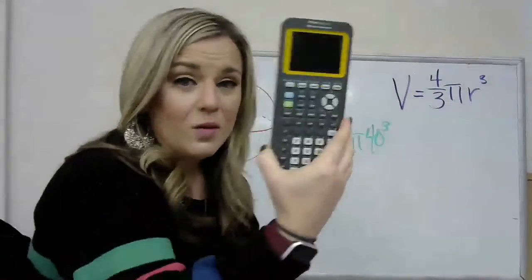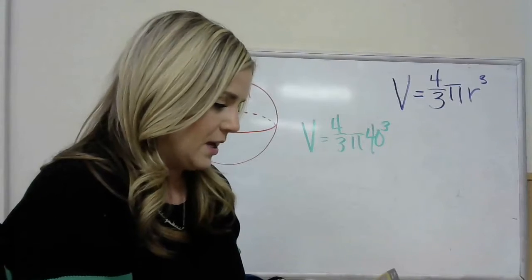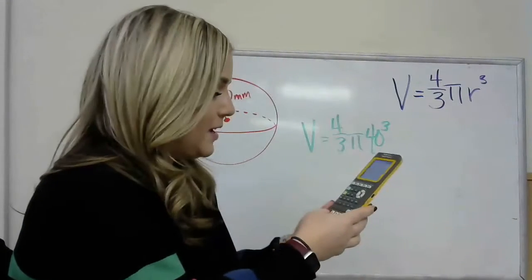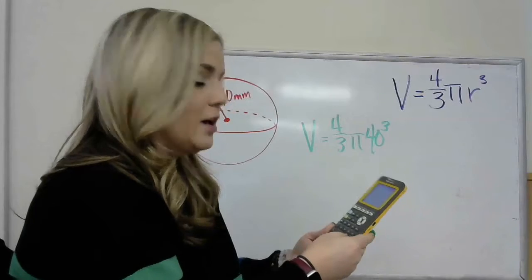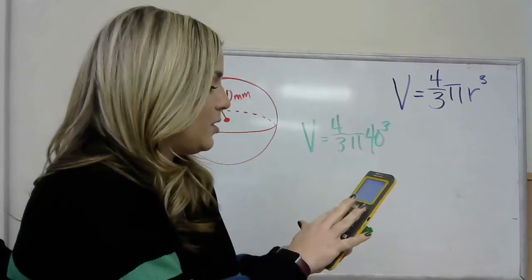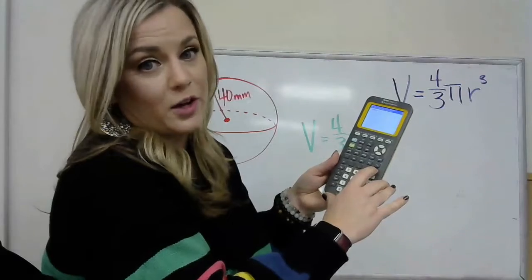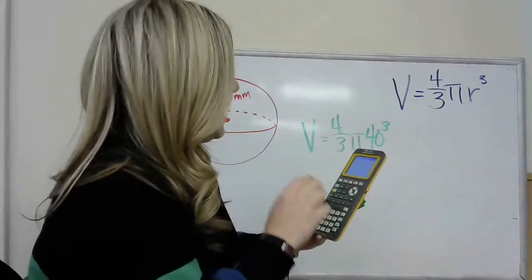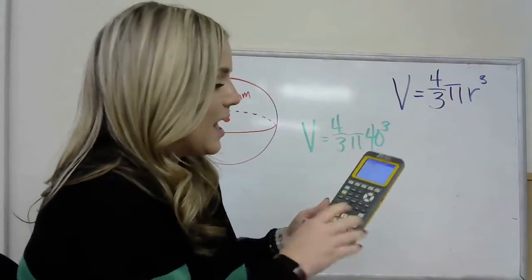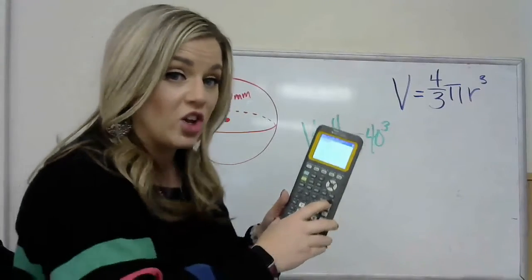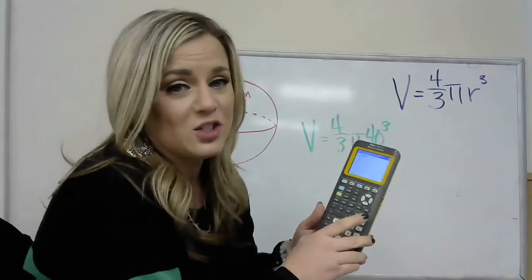Now, let's turn on our calculator. Let's do this thing. I'm going to put parentheses, 4 divided by 3, close parentheses. Then I'm going to do pi, which is second, and then this little arrow under the clear button. Okay, and then I'm going to put in 40, and then I'm going to hit that button underneath the clear, because that raises it to a power.